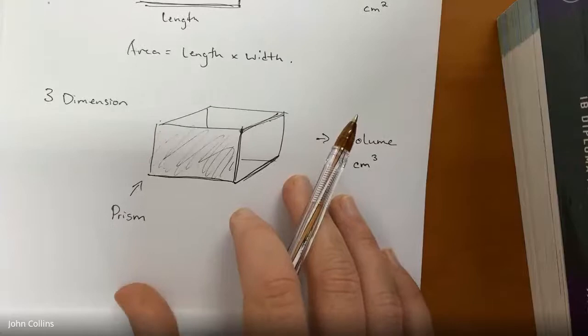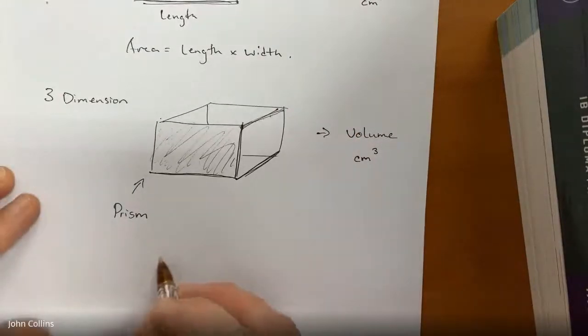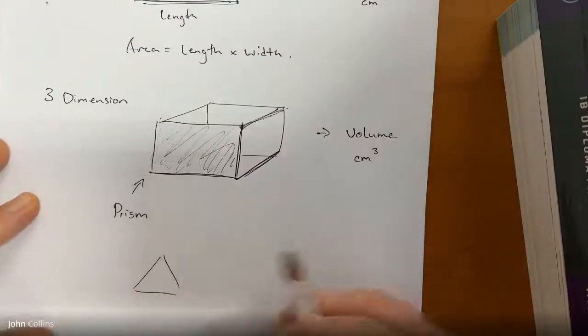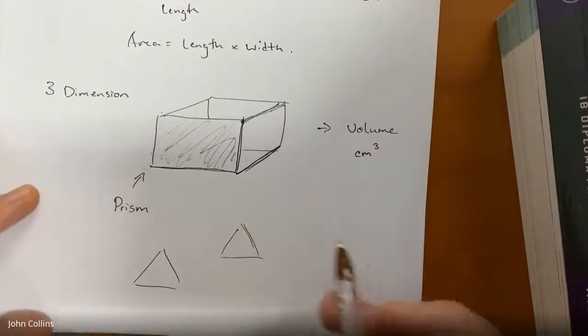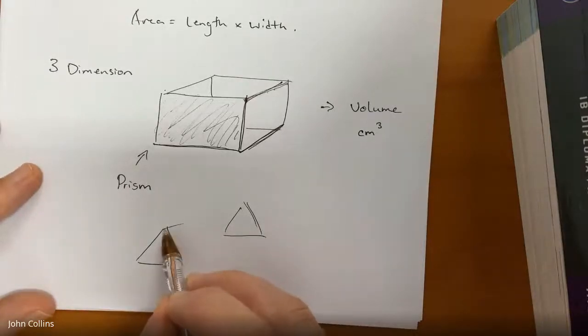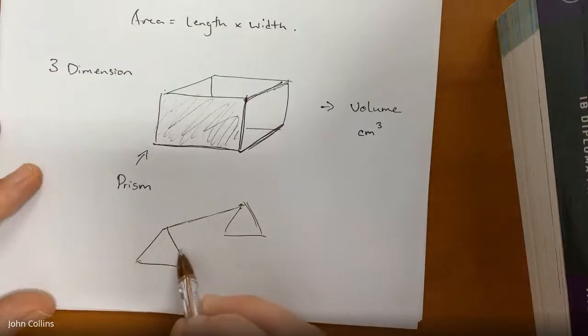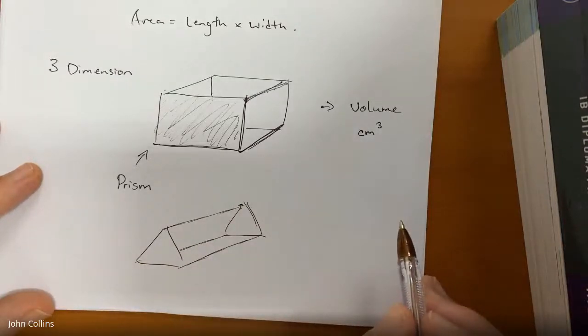Another example of a prism perhaps could be a triangular prism. I can start a prism by drawing the same shape twice, just further away from each other, and then just joining the corners that match each other. That's how I draw a three-dimensional prism.